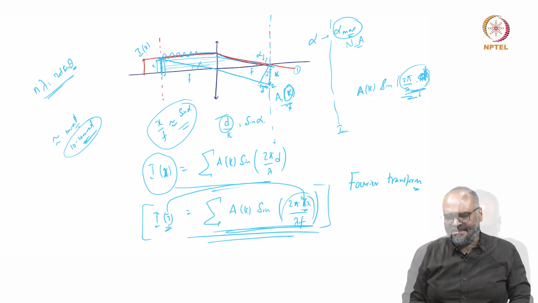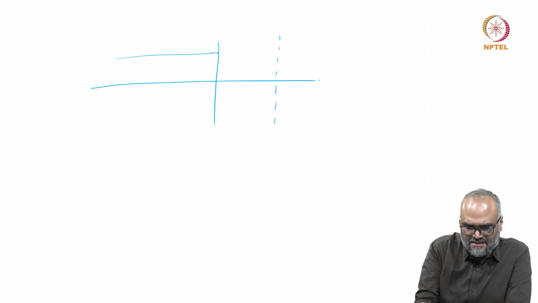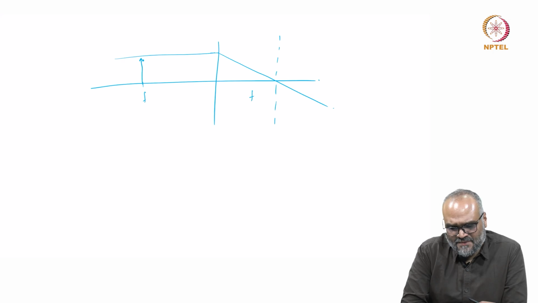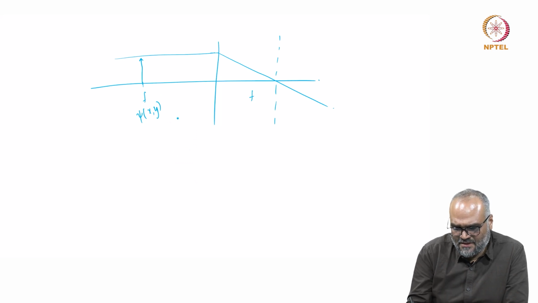Now let us understand how this looks. If I look at the ray diagram of this again, the information from the object plane, if I call this x comma y, this becomes a Fourier transform of x comma y in terms of, let me write the reciprocal vectors here, let me call it u comma v.